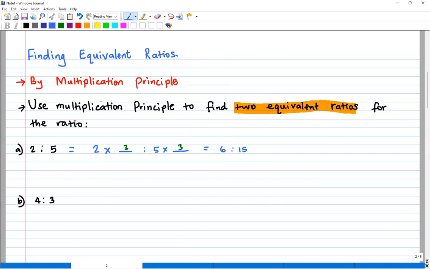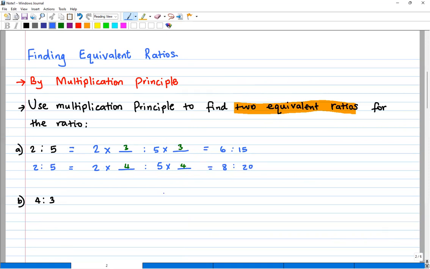Now we need another one. So we can say, okay, still 2 to 5 is equal to 2 times a number to 5 times a number. Okay, now we have multiplied by 3. Let's say, okay, this time let's multiply by 4. So the rule is that you multiply by the same number. Okay, now this will give us 2 times 4, that is 8, and 5 times 4, that is 20.